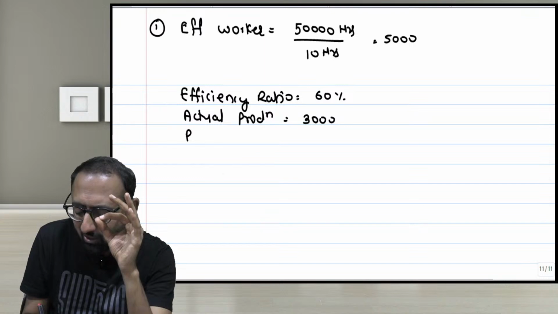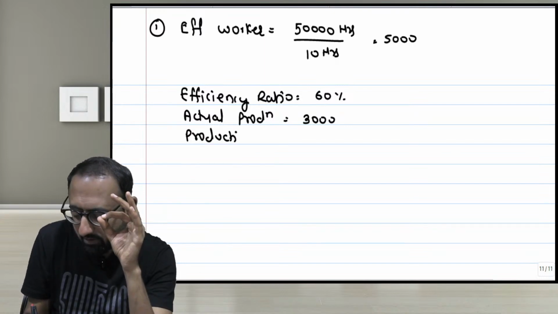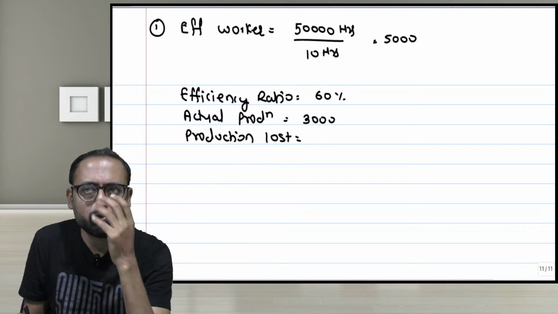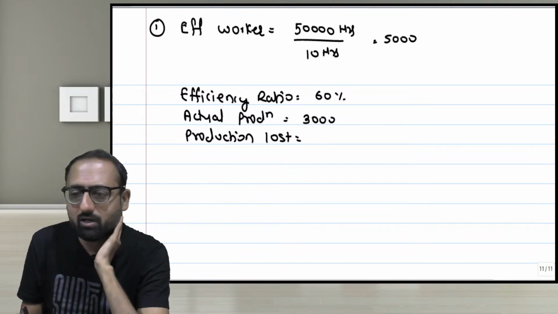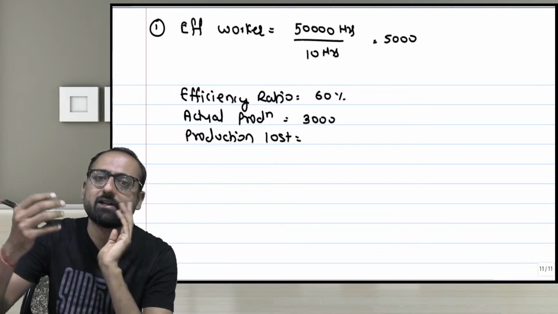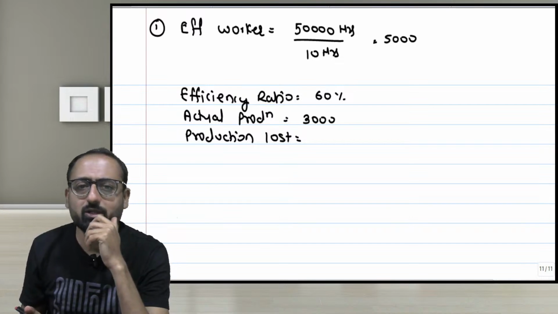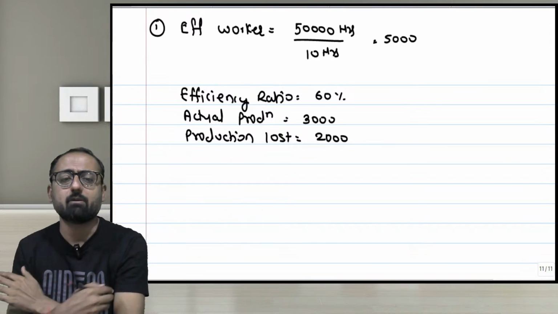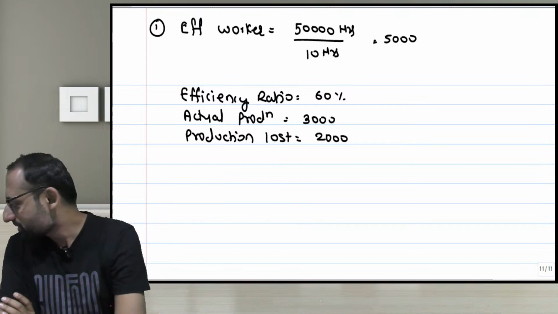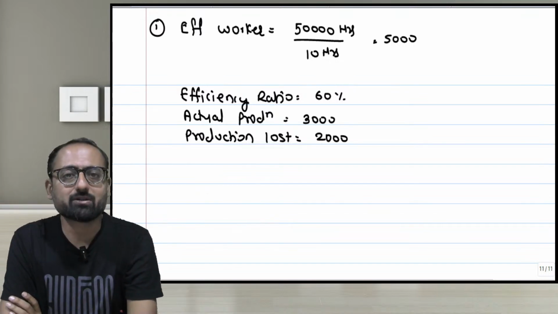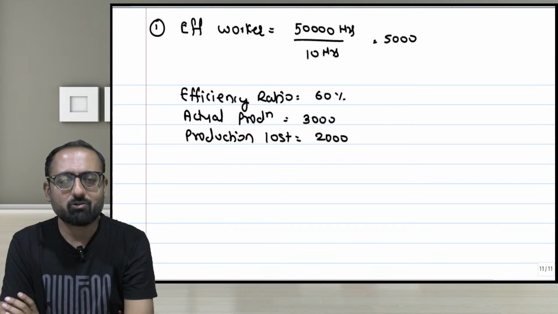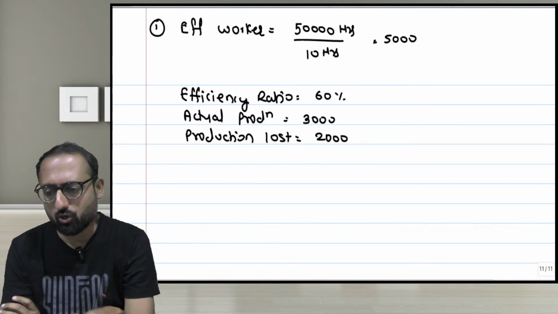So production lost during the training period: if the old worker was there, we could have produced 5,000 units, but actually we have produced only 3,000 units. So 2,000 will be the production loss. Again, the same principle will be repeated. If the production is lost, then the profit contribution will be lost.